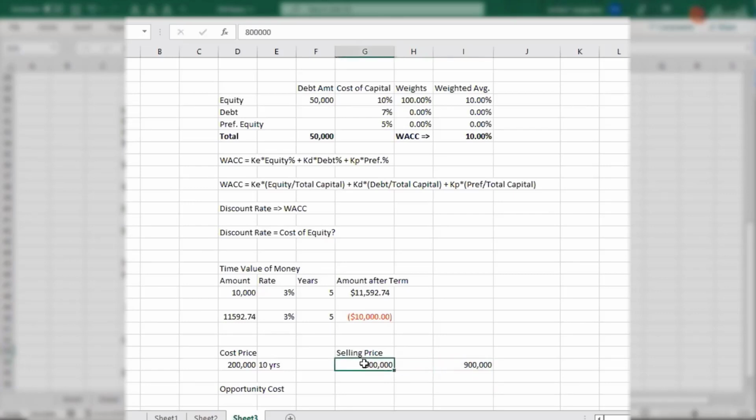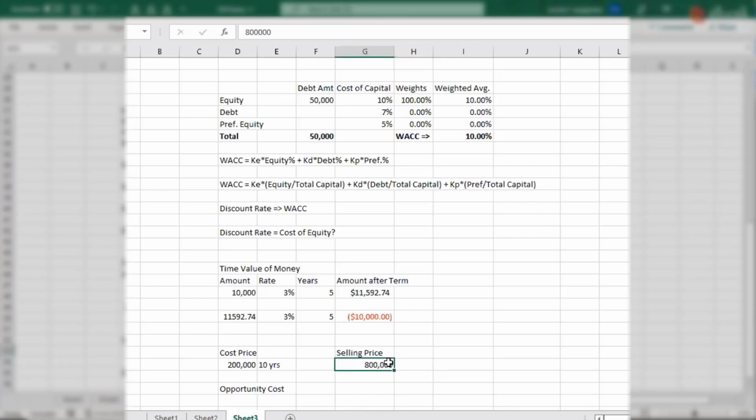You expected $800,000. Someone gives you an additional 100,000. Okay. Now, in this case, 800,000 becomes your opportunity cost. So whoever comes to you to purchase your property, you tell them, look, there is already someone who has sold their property for $800,000.